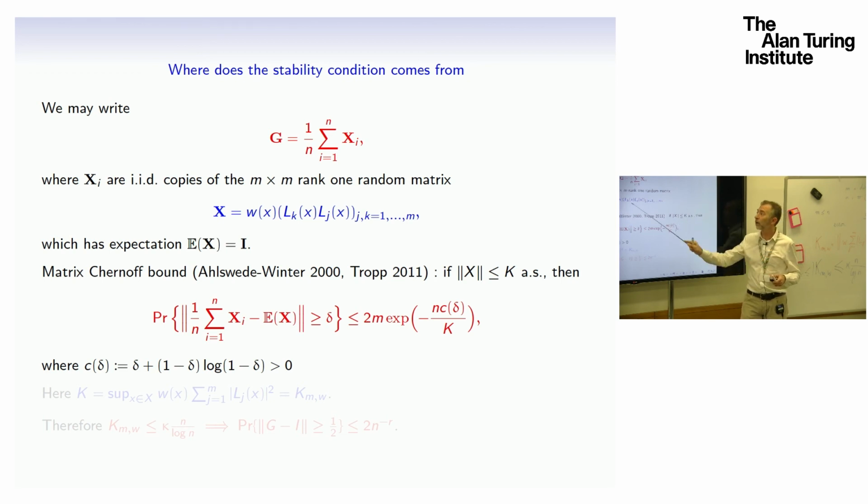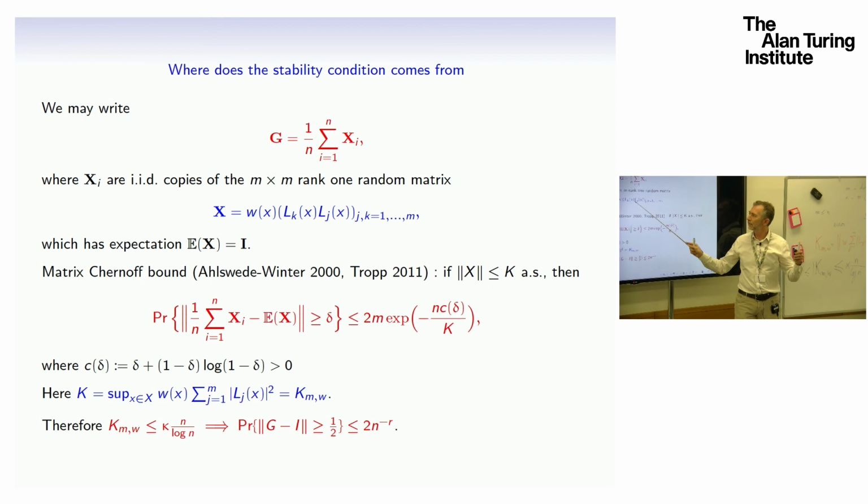Now let's look at this X and ask what is its spectral norm. This X is in fact a rank 1 matrix, so it's just the product of a vector times its transpose. So its norm, up to this w of x, is just the L2 norm, the Euclidean norm of the vector squared, so it's just given by this, okay?